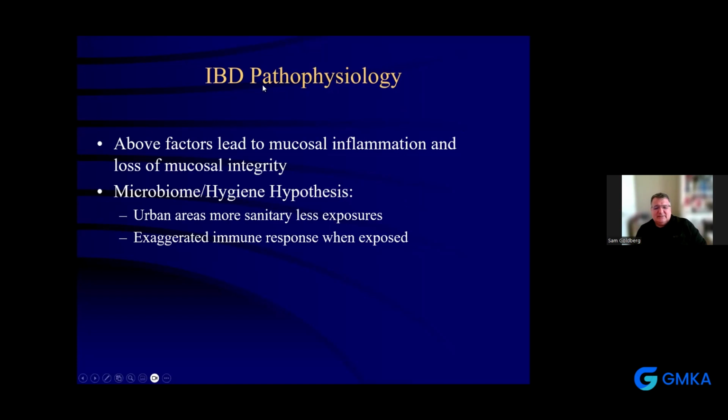But what happens is all of the factors that I mentioned lead to mucosal inflammation, loss of mucosal integrity. If you guys remember from microbiology or from physiology, the gap junctions and the tight junctions and the desmosomes in between the cells of the small intestine, when you get inflammation, those break down.